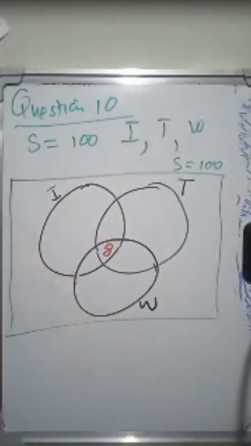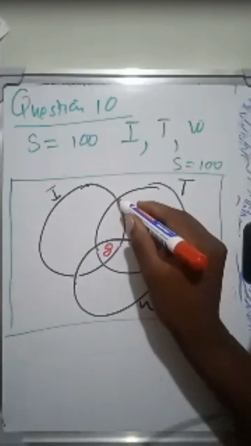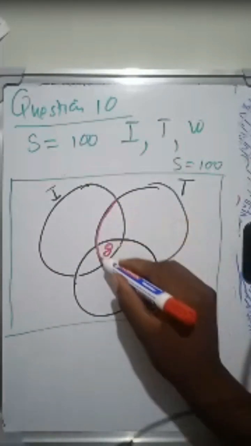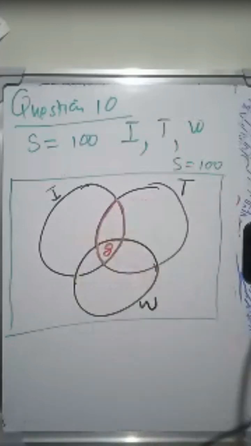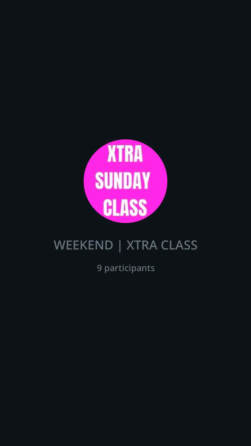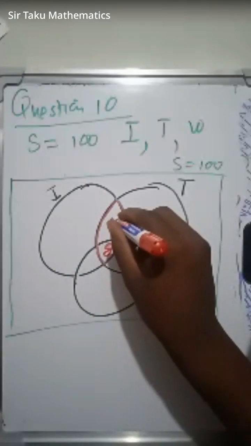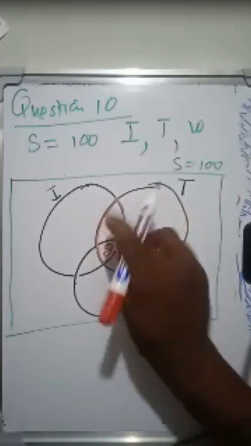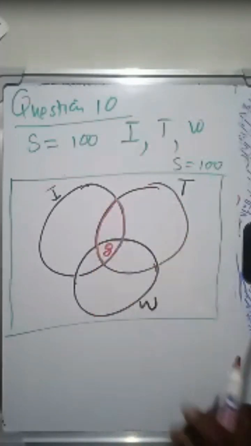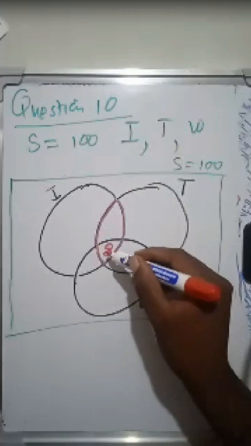So 8 use all 3. Okay? So 12 use Instagram and Twitter. So if you're talking about Instagram and Twitter, we are talking about that. Here, this is Instagram and Twitter only. So there are 12, but already we have 8.